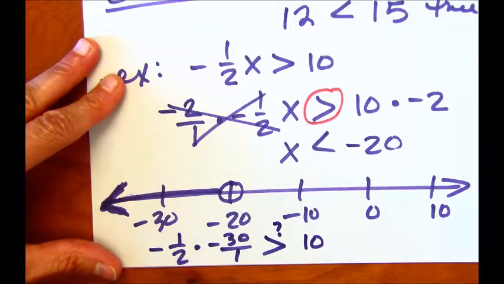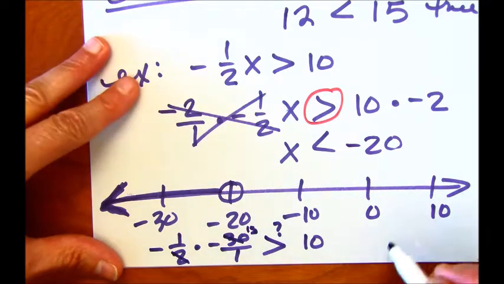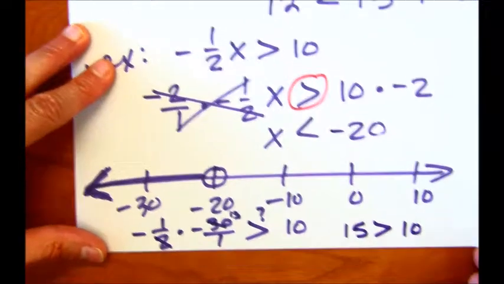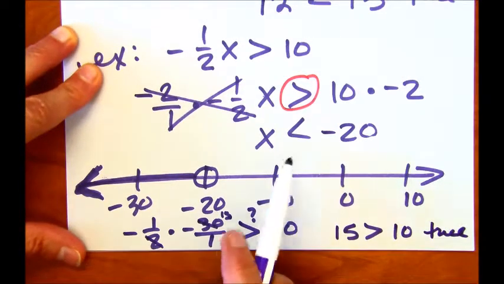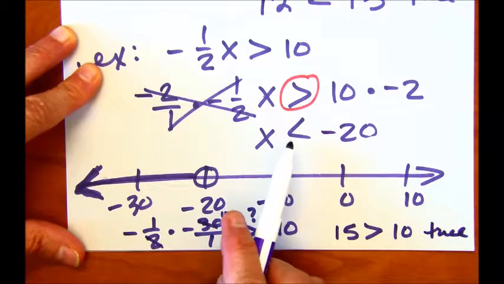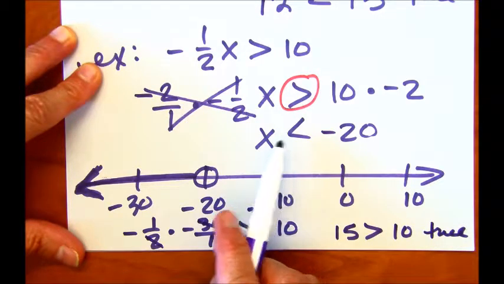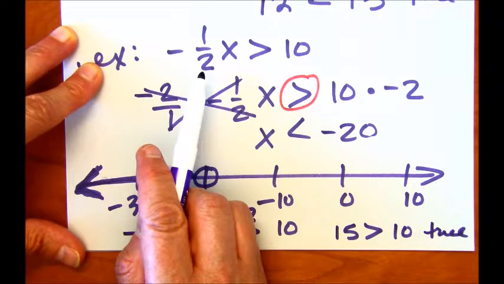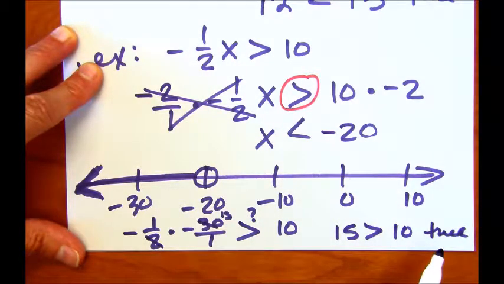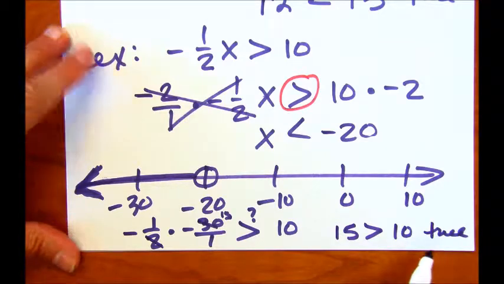Well, if I reduce, 2 goes into 30 15 times, and negative times a negative is a positive, so I'm going to have 15 is greater than 10. And you know what? That is true. So it was good that I reversed that symbol, because when I picked a solution that was less than this number and plugged it back into the original inequality, I came up with a true inequality, and that's what we're going for.